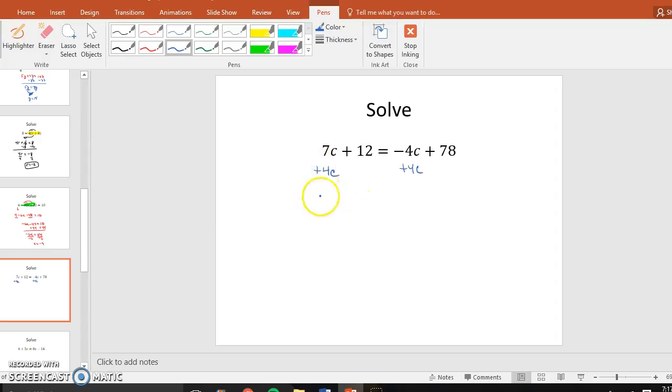Then remember, at the same time, we're going to get rid of any constants on the left. I'm going to subtract 12. That gives me 11c equals 78 minus 12, which is going to give me 66. And when I divide by 11, c is equal to 6.